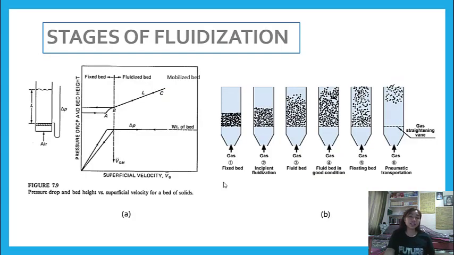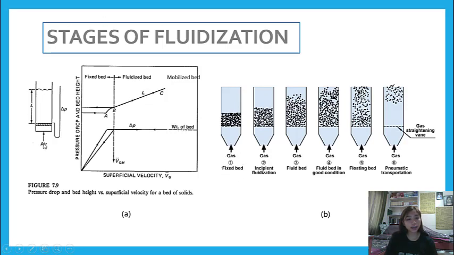Okay, next. During the fluidization operation, the bed of particles undergoes different stages to form different types of bed or regimes. And this depends on the applied fluidization velocity of our gas or liquid.